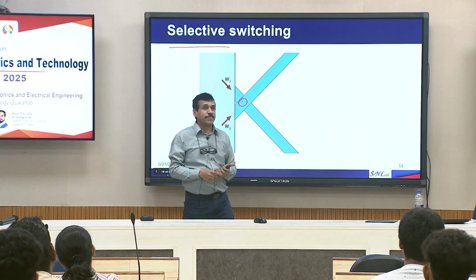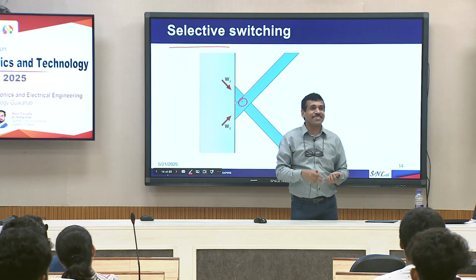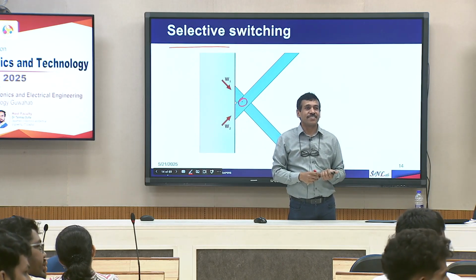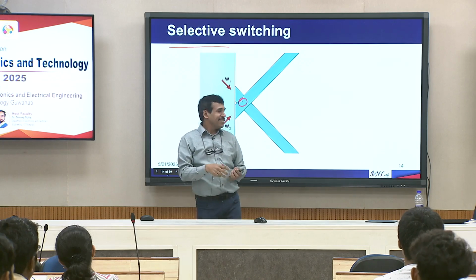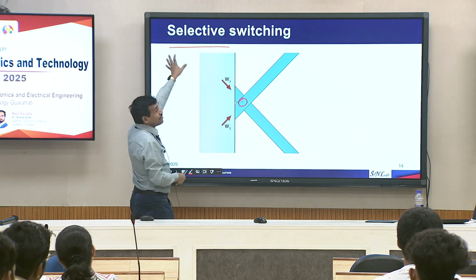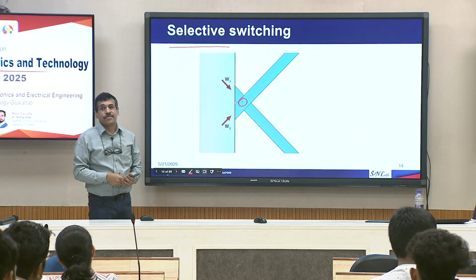Current direction, yes, of course, but why do I use the word selective switching? We are just changing the magnetization of the upper layer? No, that one is not the reason why I use this.